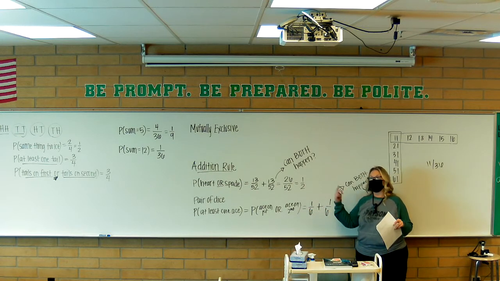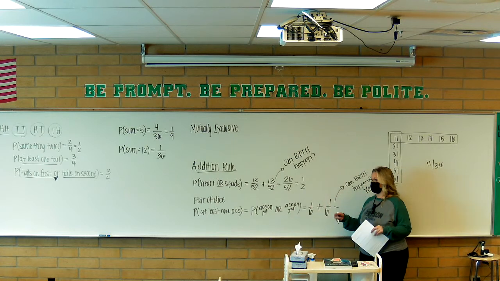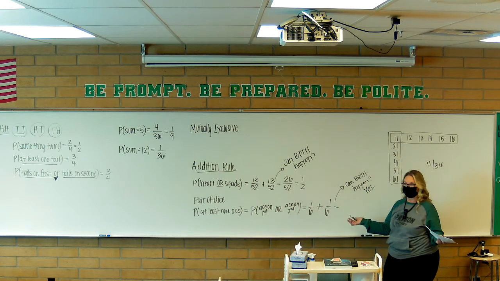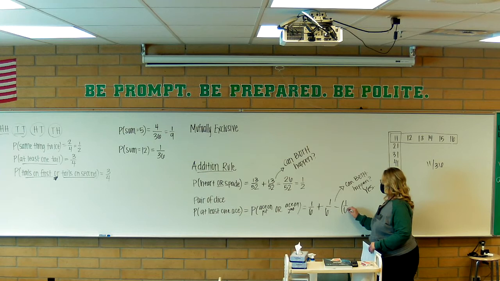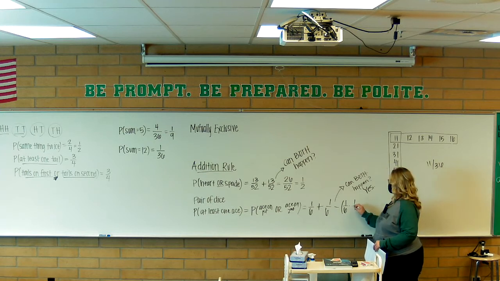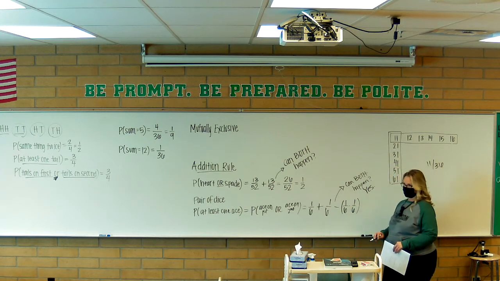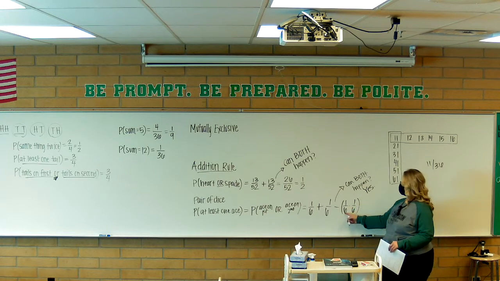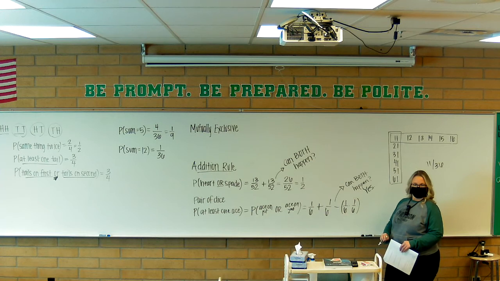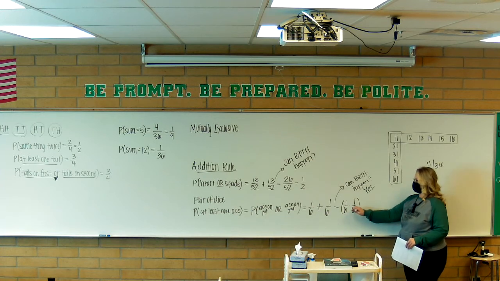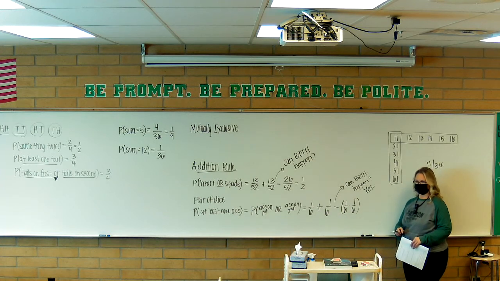Okay, so last time's lesson we talked about what is the probability of getting snake eyes, or an ace and then another ace. In that case, I would multiply the probability of an ace times the probability of an ace. What is that? If I multiply those, what fraction do I get? 1 out of what? 36.